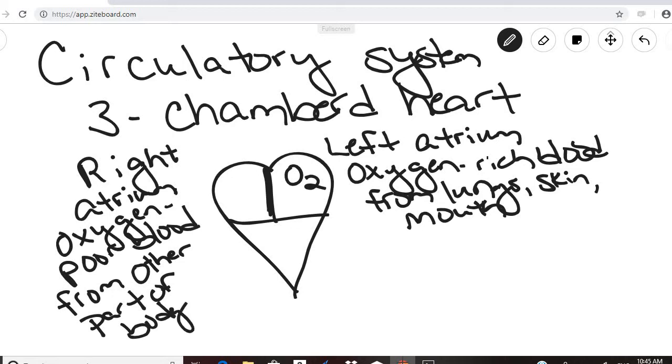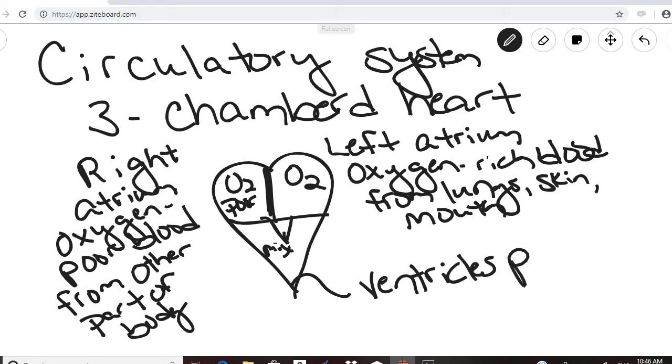So this is oxygen poor. And interestingly enough, when that blood empties into the ventricle, they mix. And then the ventricle pumps the blood out throughout the body.